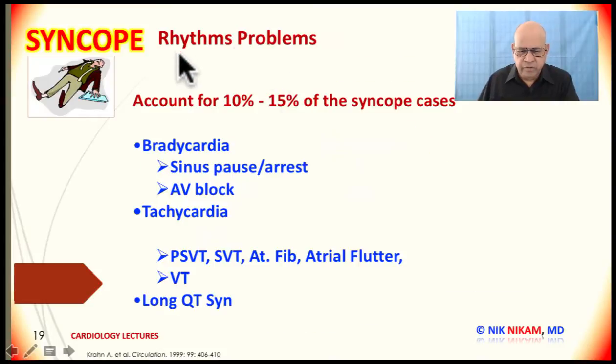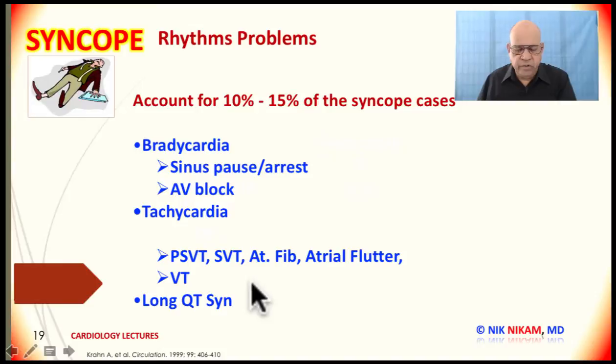Now let's look at rhythm problems. As I said, they account for 10 to 15% of the syncope. Both the slow rate and the fast rate are a big headache, because they can cause syncope by reducing the stroke volume or by reducing the rate. All these things like sinus pauses, AV block, or supraventricular tachycardia or ventricular tachycardia.